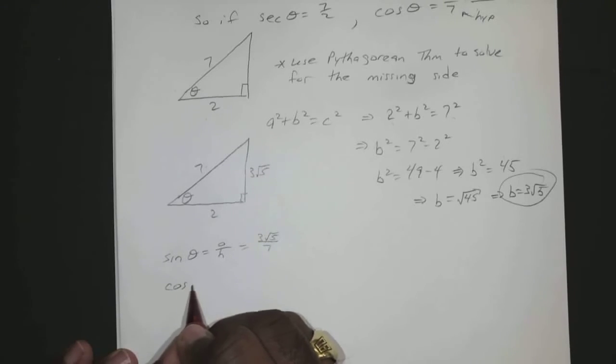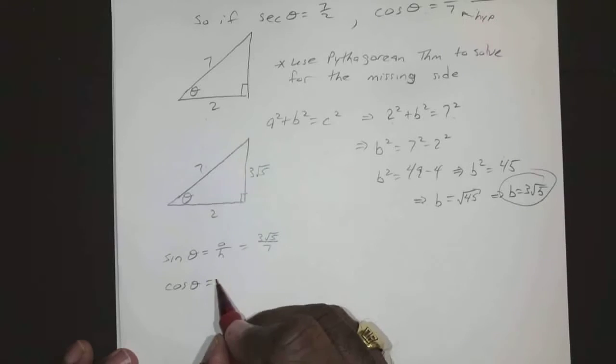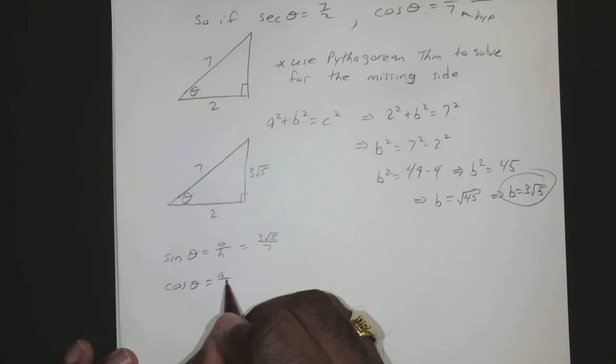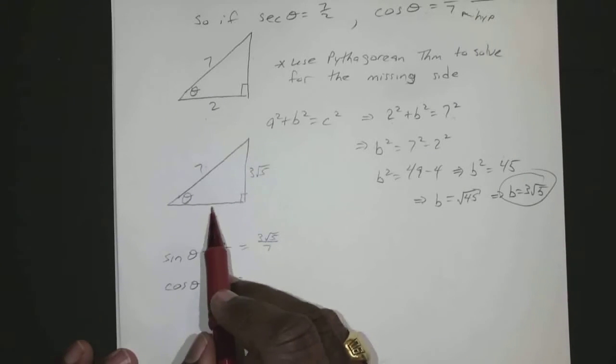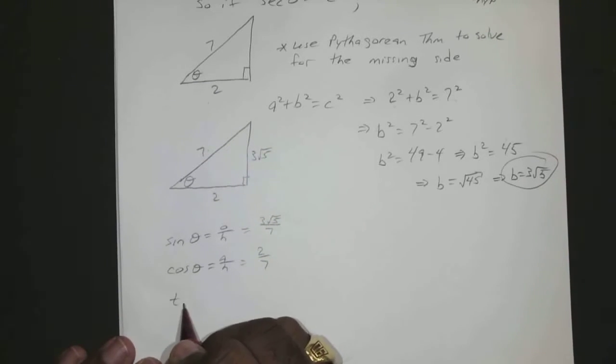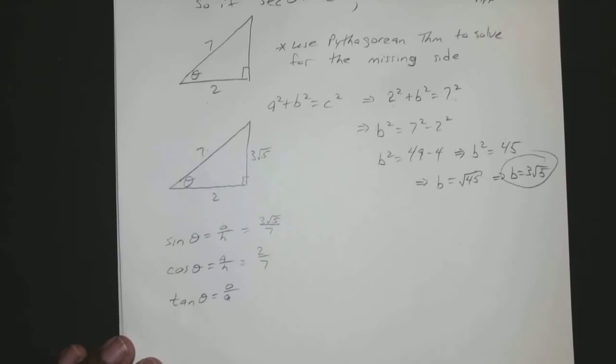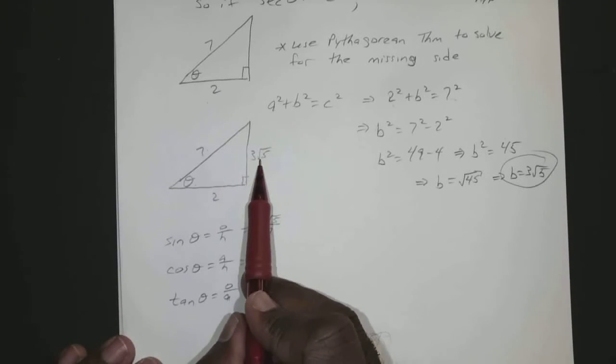We have our cosine, which we really already knew, but we'll do it anyway. Adjacent over hypotenuse, which is 2 over 7. Our tangent, which is opposite over adjacent, is 3 square root of 5 over 2.